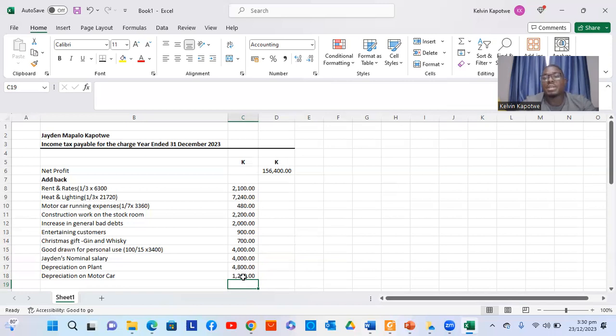But depreciation differs. My small business can have 20% depreciation on a motor vehicle. Another business for my brother can have a 15% depreciation on motor vehicle. Another one can have a 30% depreciation on motor vehicle, same vehicles. So there's no uniformity in depreciation as such. It is a non-cash item as such. We must add it back.